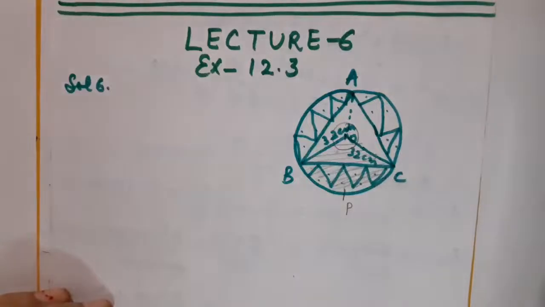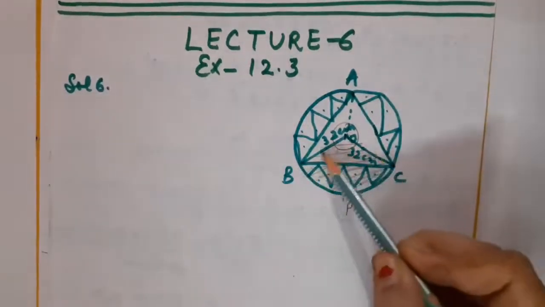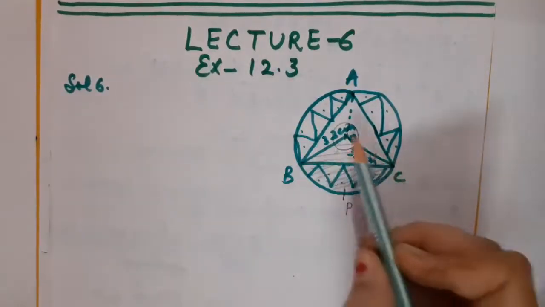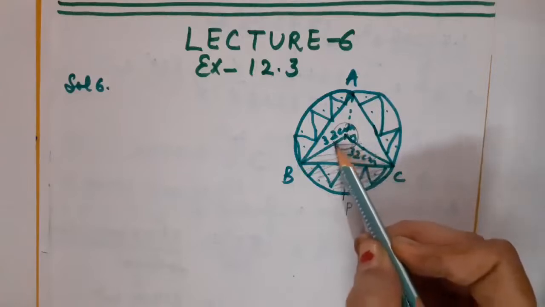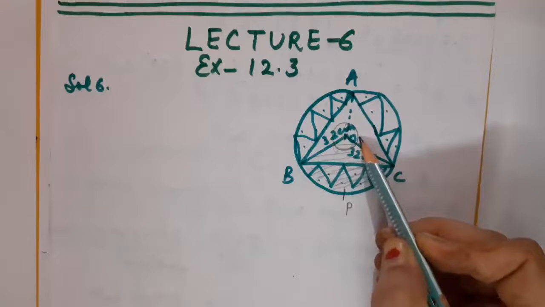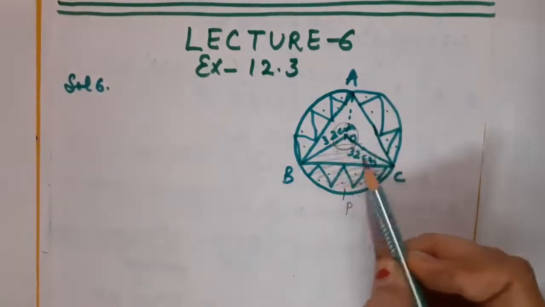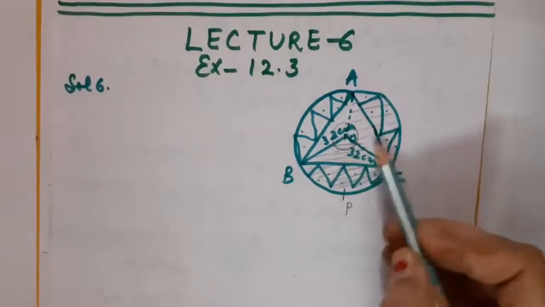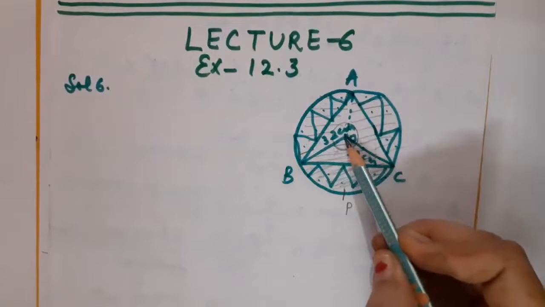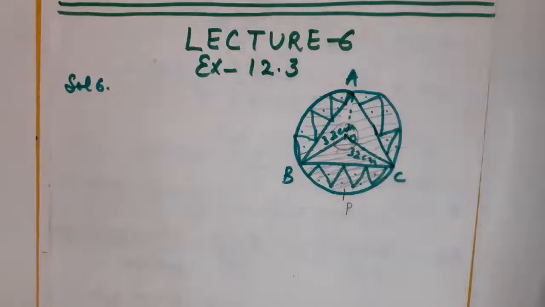Because this is nothing but the minor segment of the corresponding sector. Correct? Now children, to calculate the area of a sector, I need the center angle. Though I have the radii given to me, I do not know the center angle. And you know that at the center, the complete angle is 360 degrees. You can see that there are three sectors formed: one this, another this one, and third this one. So this complete 360 degree angle is divided into 3 equal parts. Correct, children?